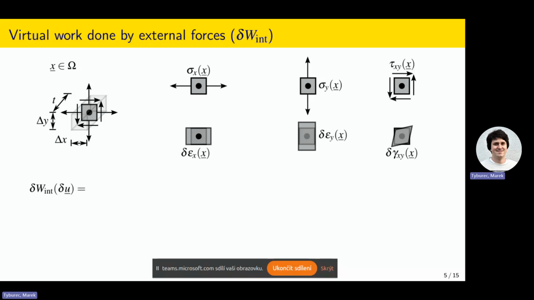It's transposed, and the stress vector, and actually both of them somehow depend on x, and it's d omega. So that's the final form.